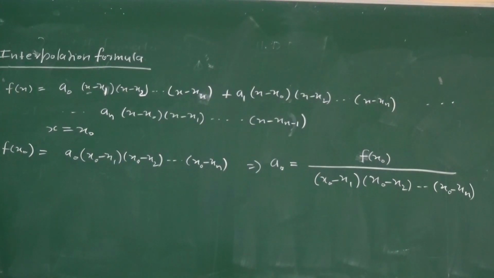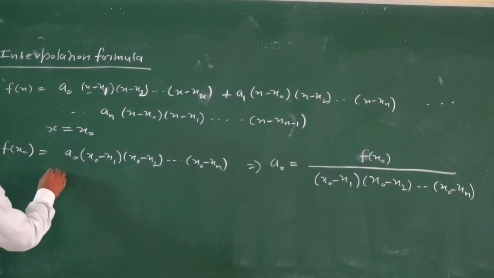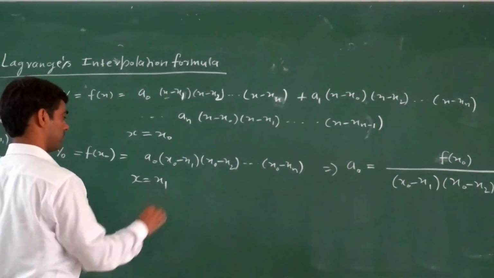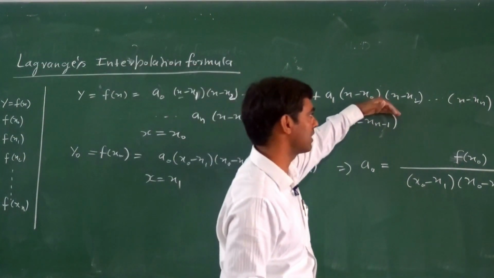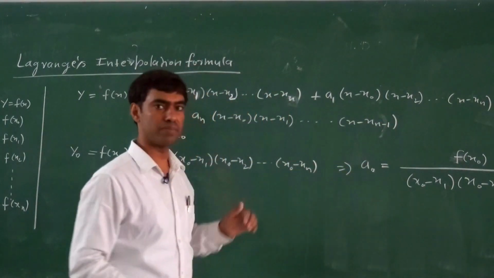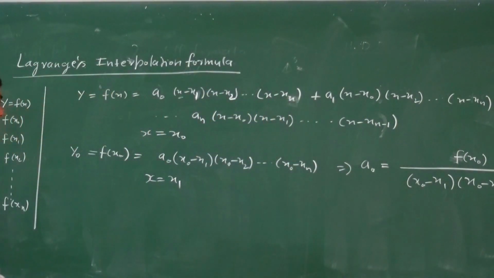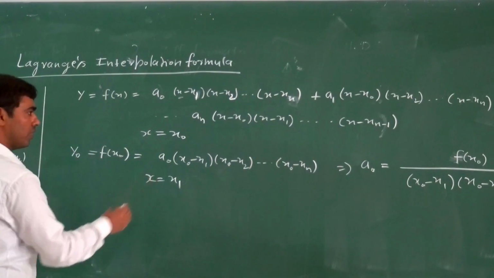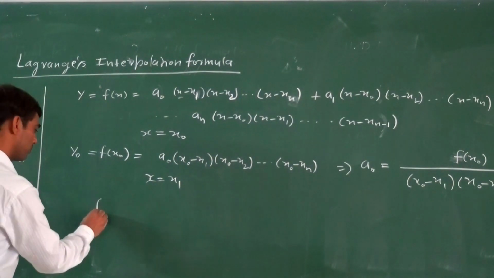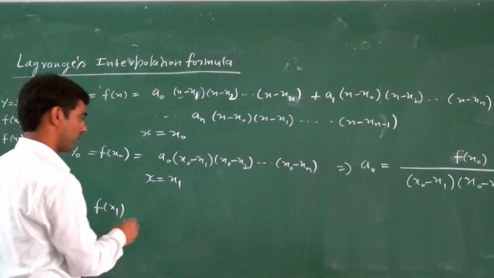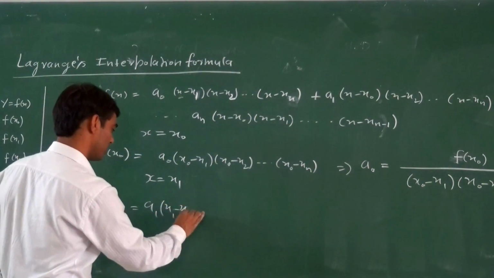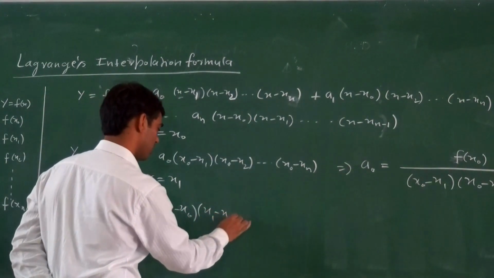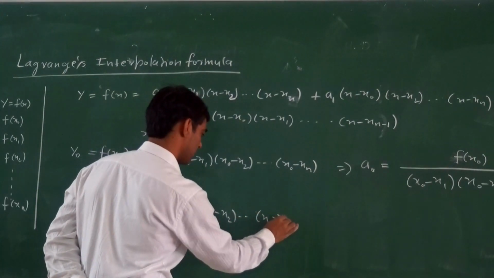Now similarly, we put x equal to x1. Then the first term becomes 0, but the second term does not equal 0. The third term, fourth term and nth term also become 0. So if we put x equal to x1, then f of x1 equals a1 times x1 minus x0, x1 minus x2, up to x1 minus xn.